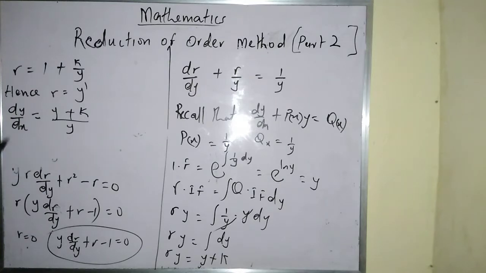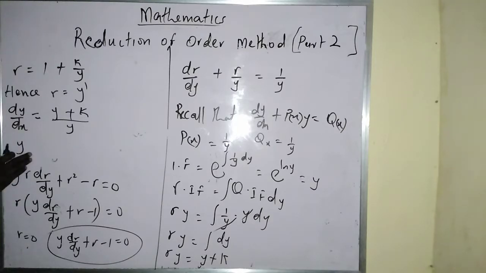I'll be having y of y. Okay, what can I do here to avoid my problem? I want to multiply all through by this.